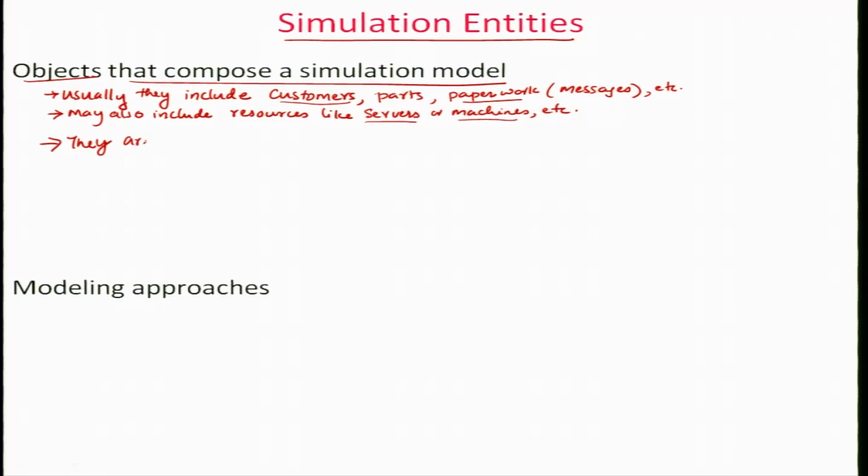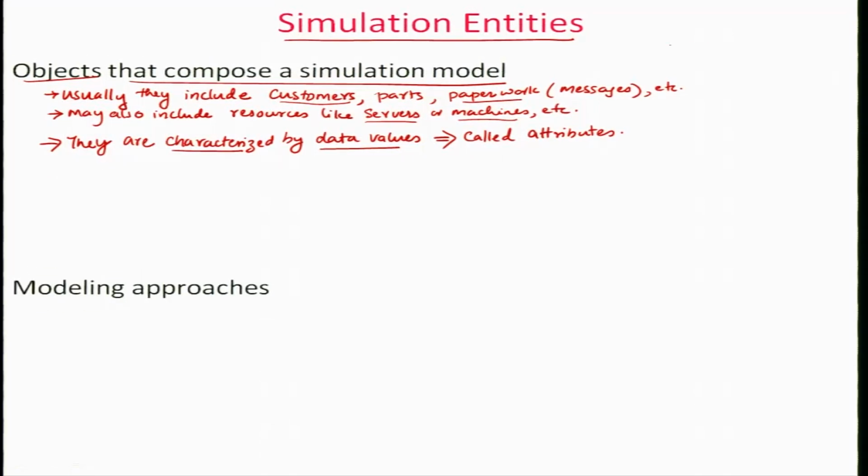They are characterized by data values. Okay. So, entities are characterized by data values, and these data values are called attributes.